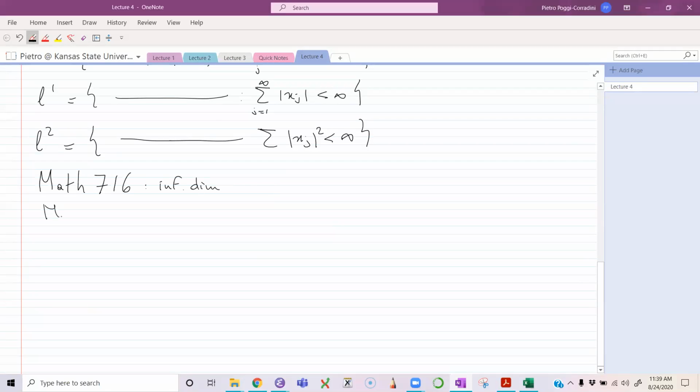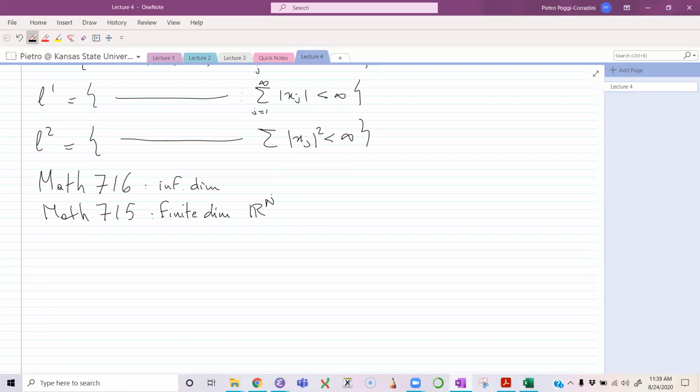In 715, in this class, we will basically focus on finite dimensional spaces, which are going to be our main object of study.